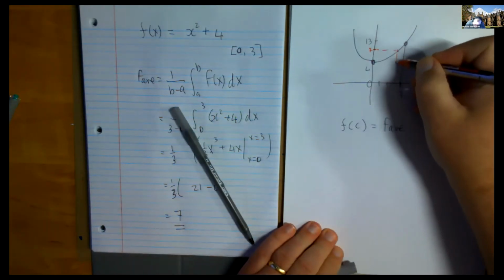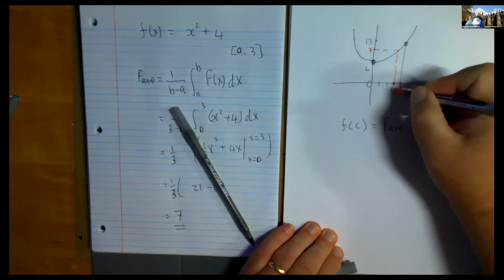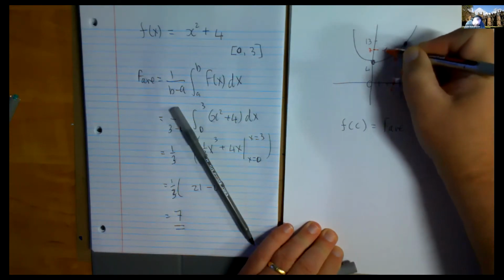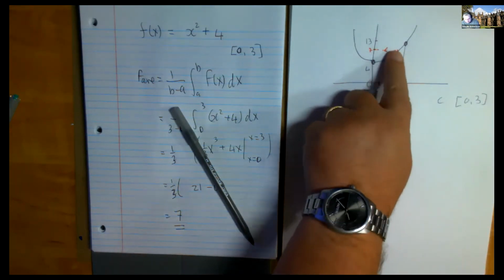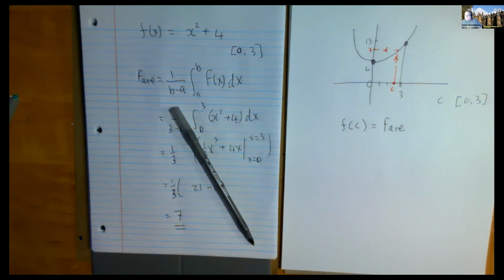So can you imagine my picture here? That guy there would be the C, because the value of the function at C is 7. Does that make sense, that if you start here and you finish there, you have to pass through all the points? And so there's at least one place where it happens.